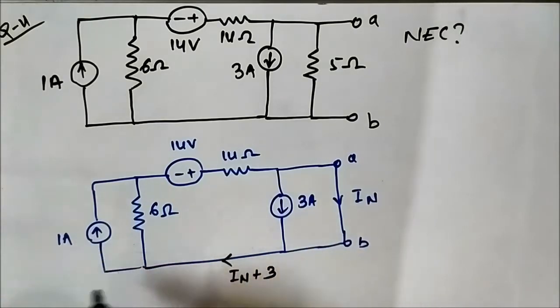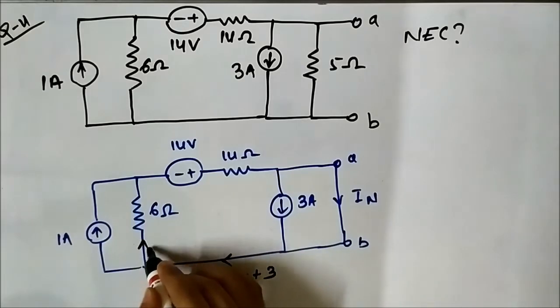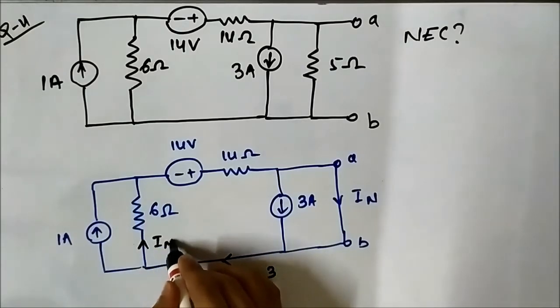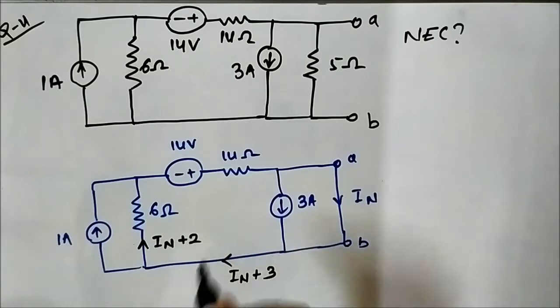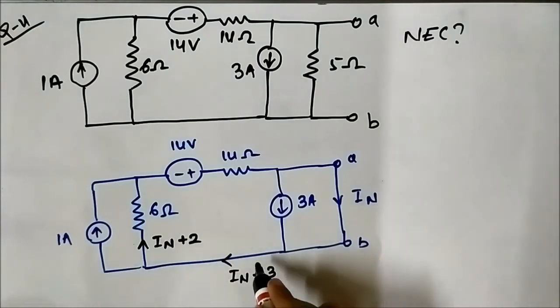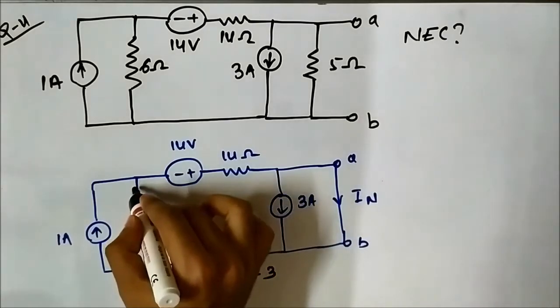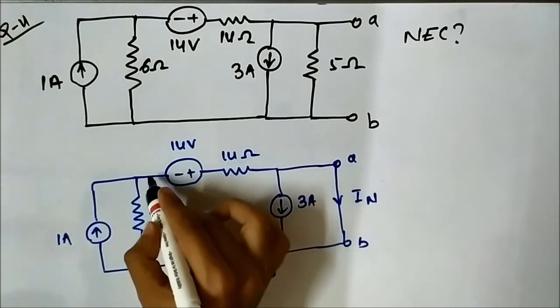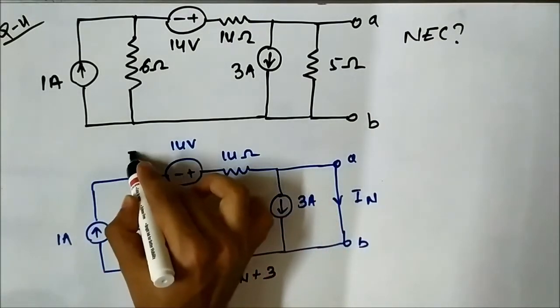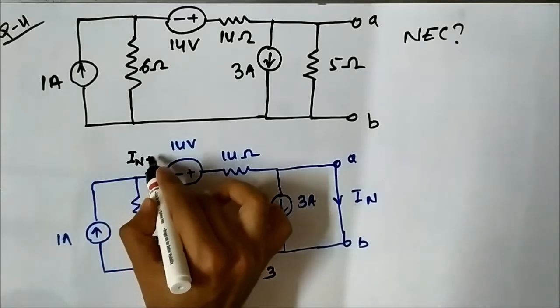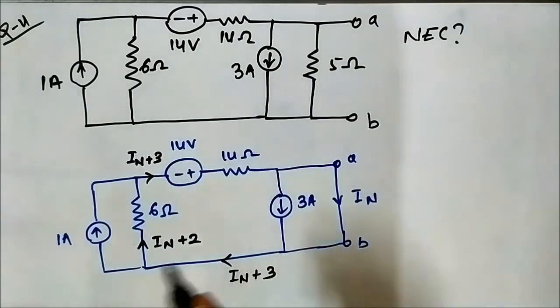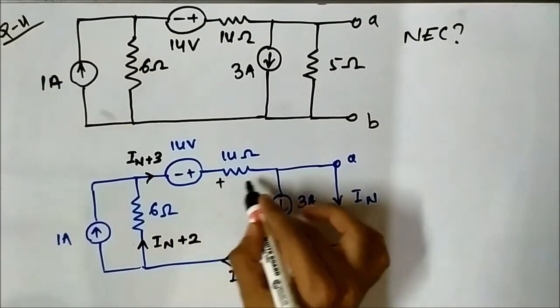Here 1 ampere is going out, so this will be IN plus 2. Again 1 will get added up and this will become IN plus 3. The polarities are like this.